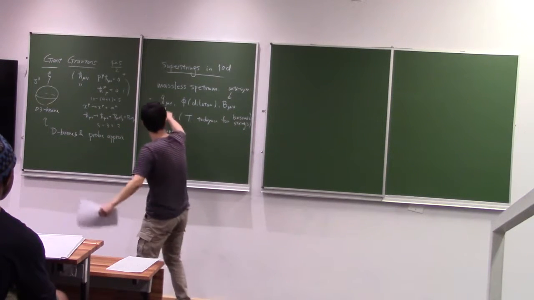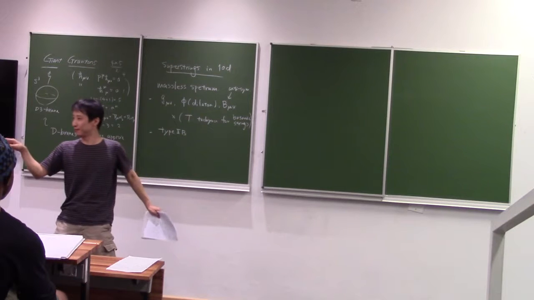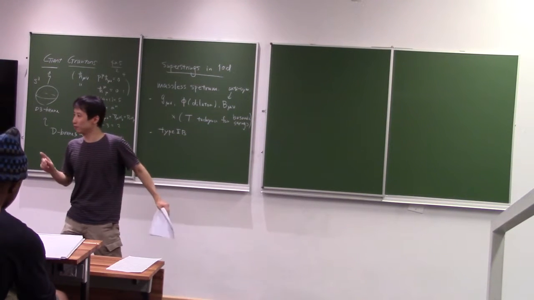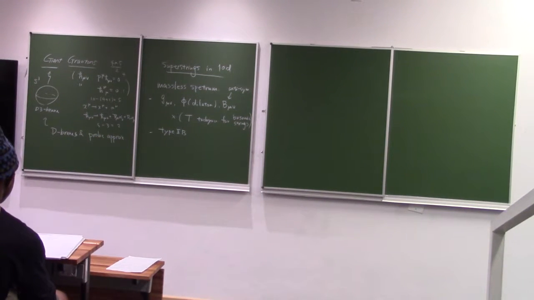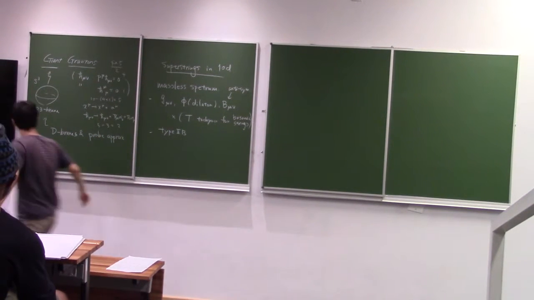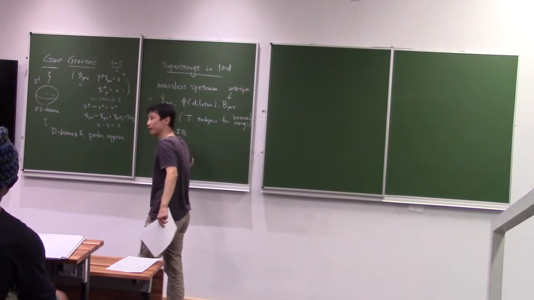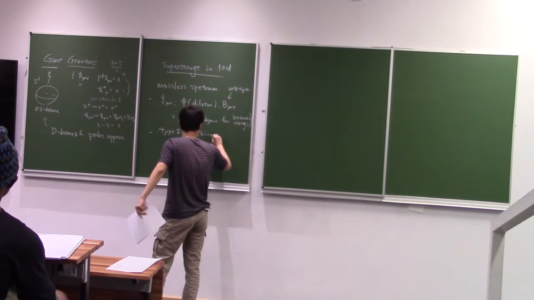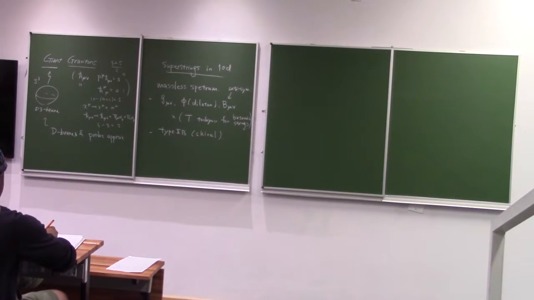So type 2B, in addition to these three, what do you have? Maybe you know the answer. Well, Robert should know the answer because he was working on type 2B supergravity. So it's type 2B chiral. This is a chiral theory. And let me forget about fermions.